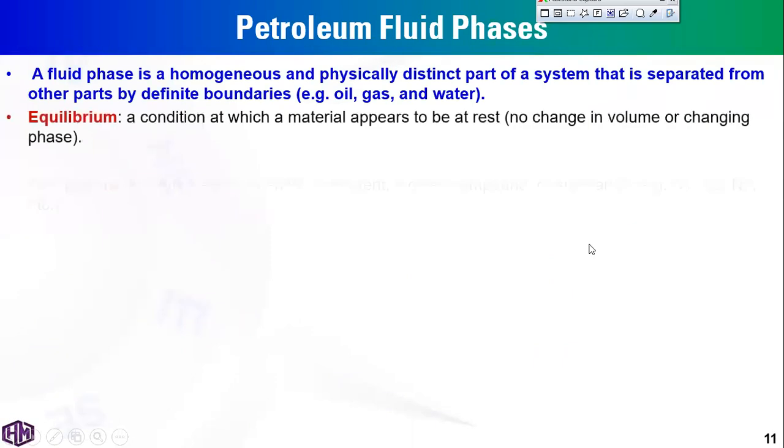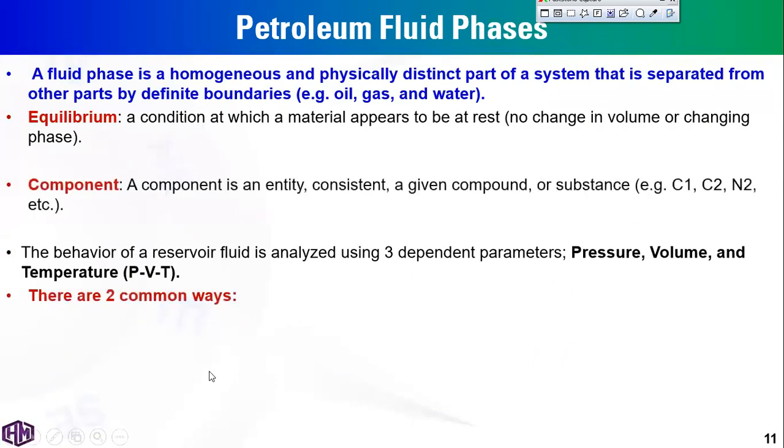So for petroleum fluid phases, let's define some basic definitions. A phase is a homogeneous and physically distinct part of the system, like the oil phase, water phase, and gas phase, which is separated from other parts. Like we have a clear gas oil contact, oil water contact, and so on.